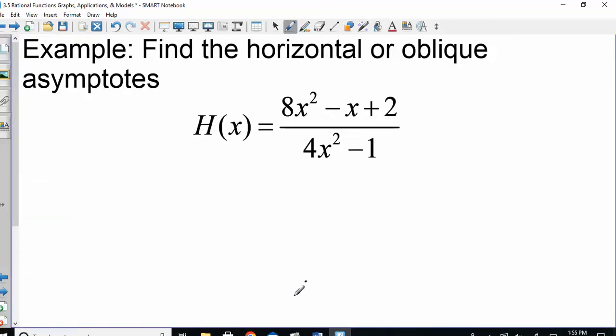Let's say I gave you this one. So still finding horizontal or oblique asymptotes. What's the degree of the top? 2. What is the degree of the bottom? 2. When it's the same degree, what did our rule say?